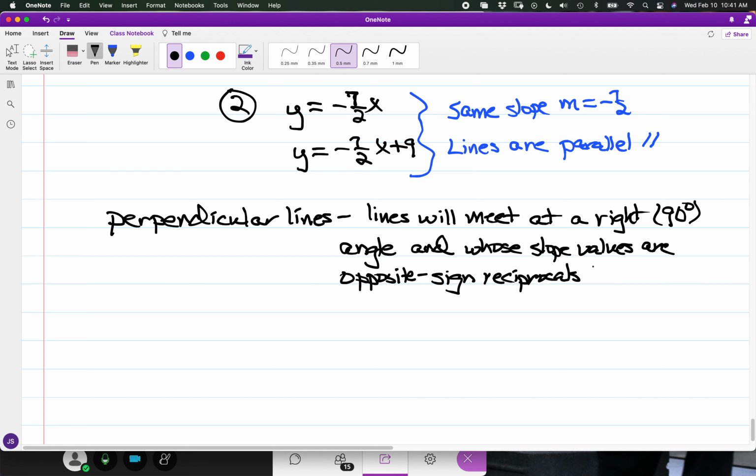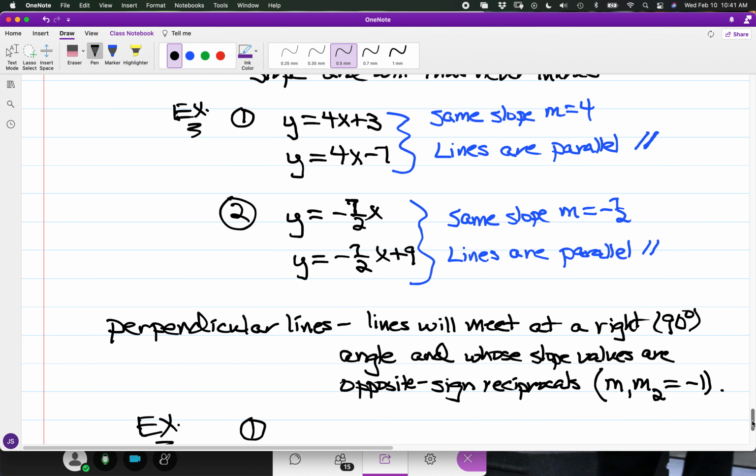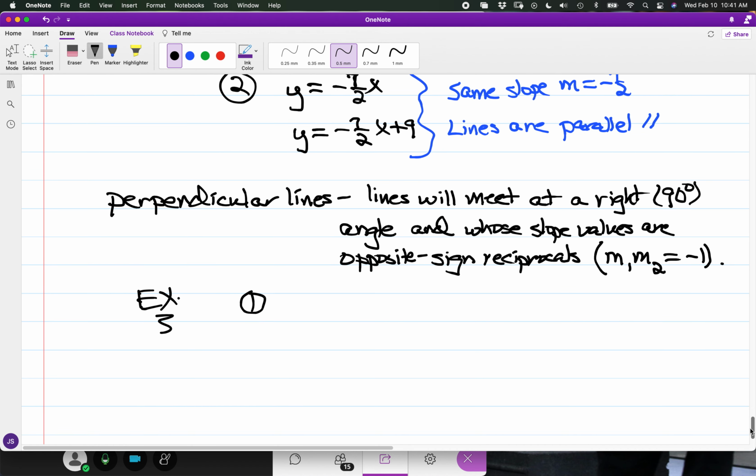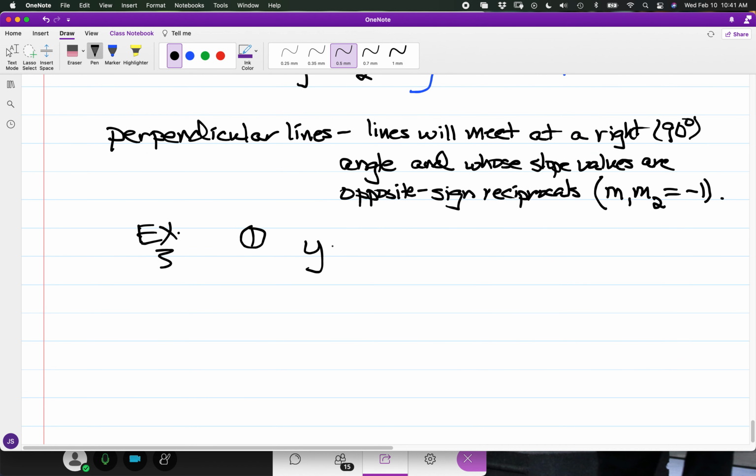In other words, if they're opposite sign reciprocals, you're going to have the product of their slopes end up at -1. And taking cases again for the formation of perpendicular lines, if I have y is equal to 4x plus 3, and now I'll be looking for, let's say, some value times x minus 7.